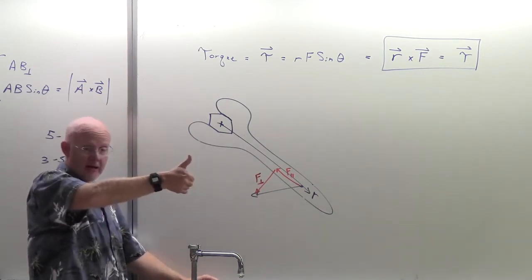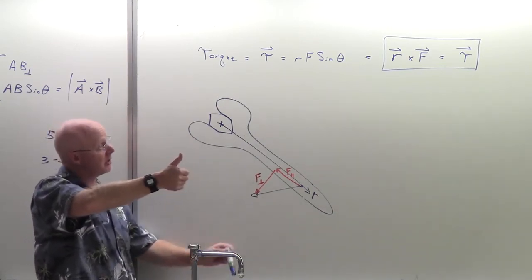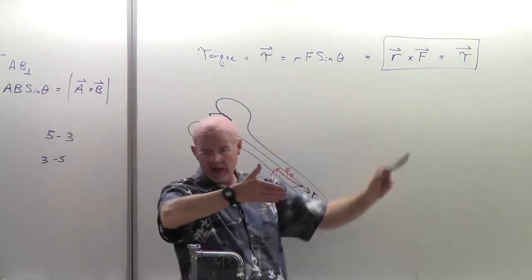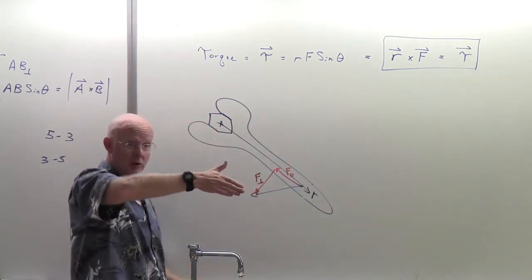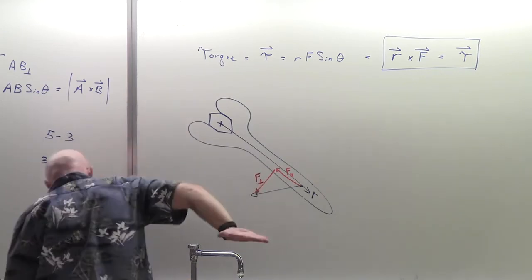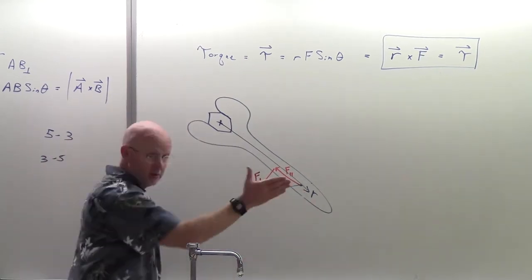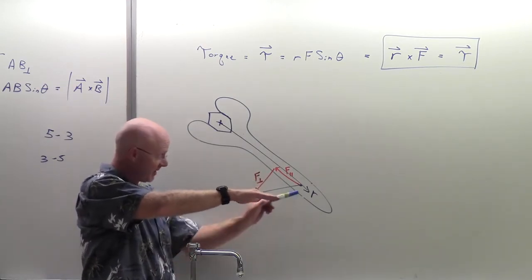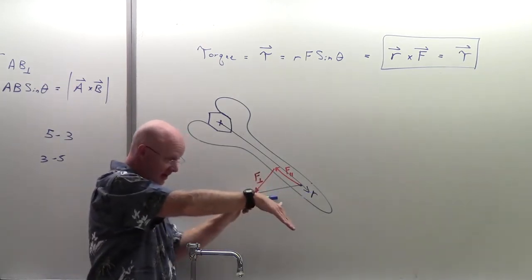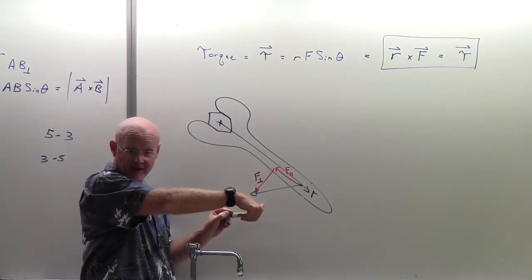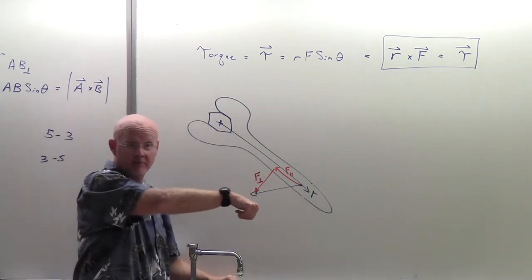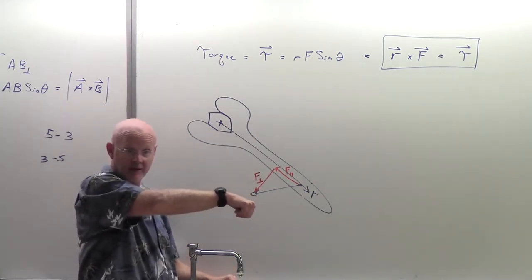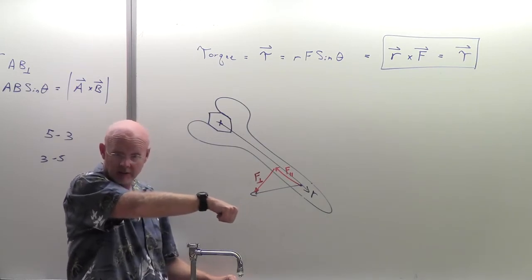So R is something like down that way. Now I don't want to close my hand now because I would not be closing it towards the F. So I need to rotate my hand, I guess, here. Because then I got my fingers going down and I can close towards F, can't I? And which way is my thumb? In. And in is negative, right?